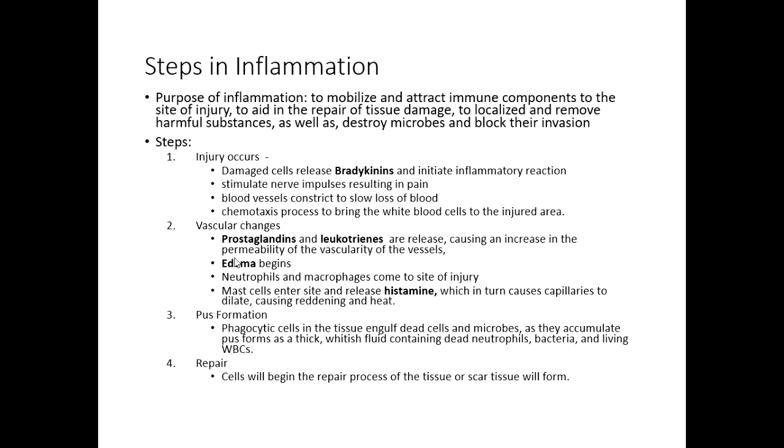And then, using chemotaxis or chemical responses, we're going to let the body know, hey, we're injured here, and we're going to start to bring white blood cells to the injured area. Why? Because it's those white blood cells that are going to be the soldiers or the defenders and try to get rid of that foreign antigen.